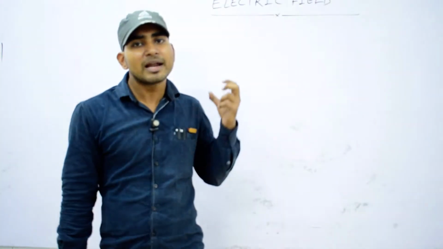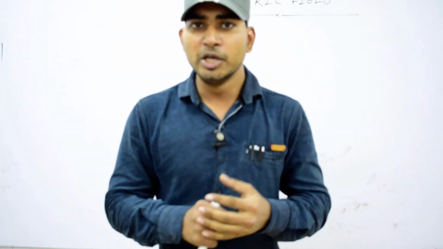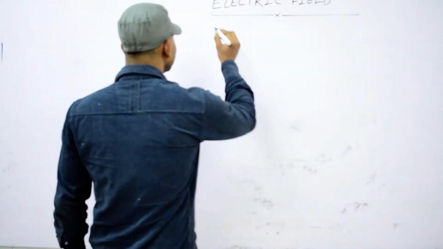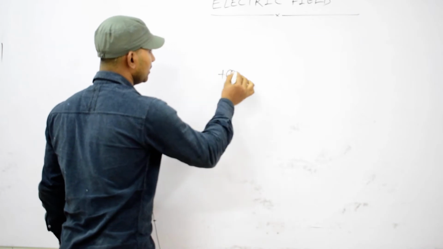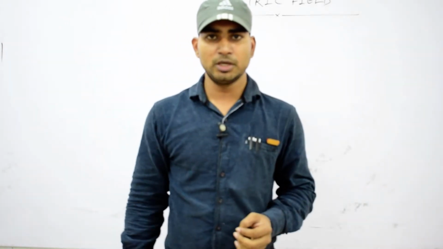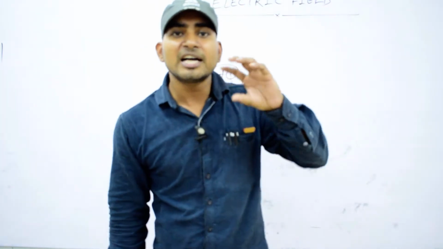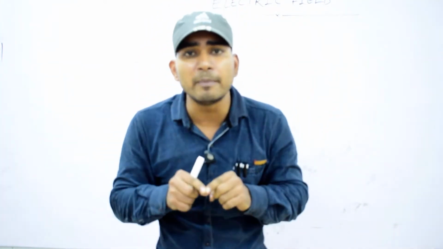Now coming to electric field, as it is linked with the charged particle. Let's suppose any charge is there, and just for concept purposes I am taking a positive charge. As we know, electric field is a general property of the charged particle. The charged particle modifies the space up to a particular limit.